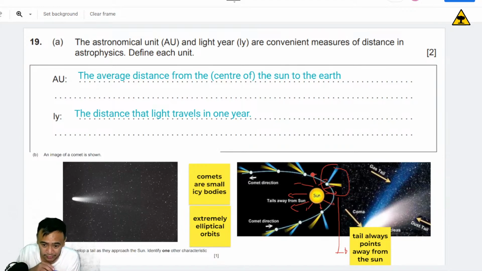So the sun is producing wind, and the wind is blowing onto the comet, so anything that can be blown away gets blown away. That's the idea behind solar wind. Either one of these would be a good enough answer for a single mark. Alright, next.